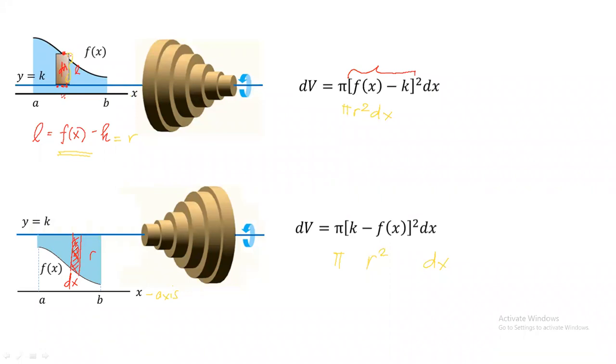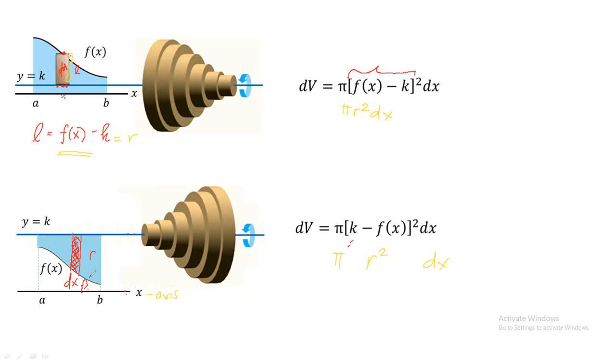Now the question is, what is this r? What is the length of this r? That would be from this axis until here, that would be your k. From here to here, that would be k. What happened if you subtract this one? Isn't this representing the function of x?